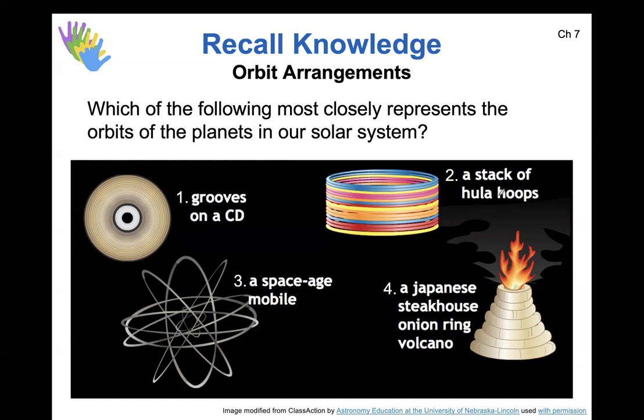This stack of hula hoops, basically a bunch of orbits that all have the same size, but are layered up. A space age mobile where I have different size orbits and they're all tilted different directions, or a Japanese steakhouse onion ring volcano where all the orbits vary in their diameter, but they also vertically stack, with a stand-in of the sun for the fire in the middle. Which represents it best?